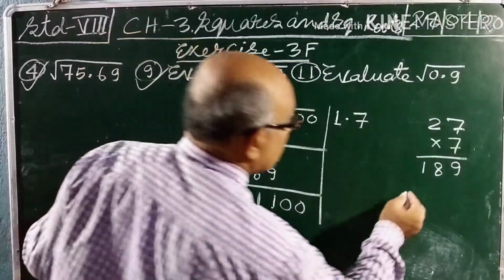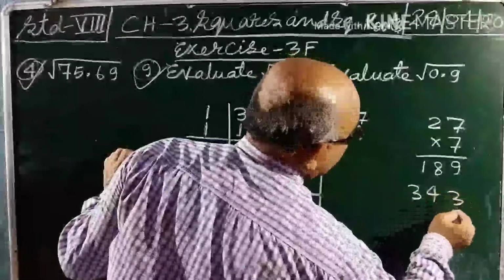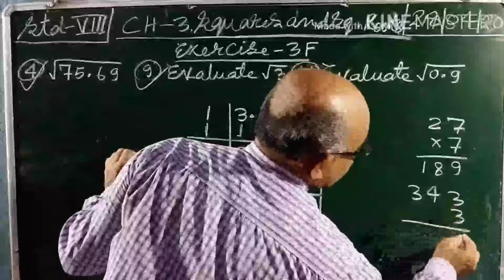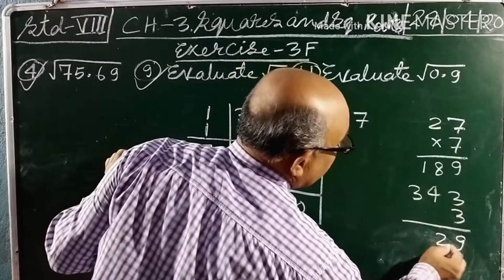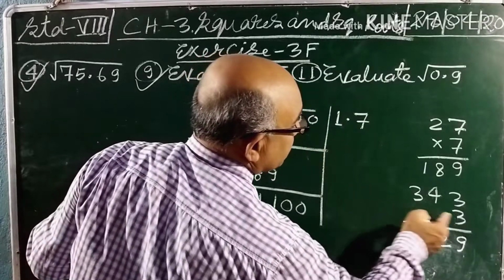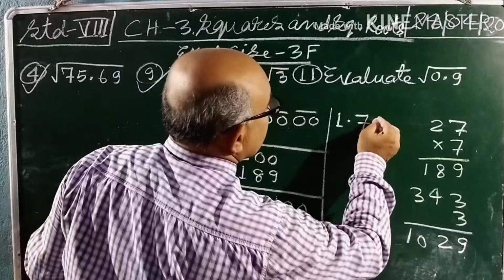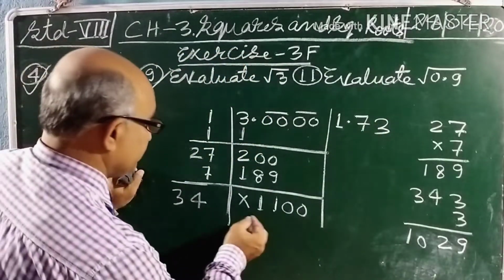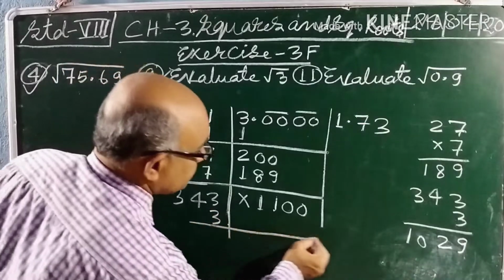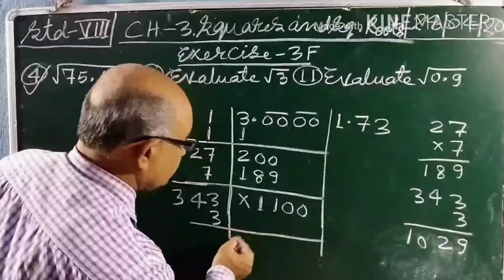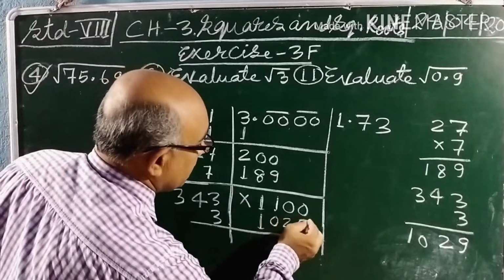Now 34. So check it 3 times. 3 3 are 9, 4 3 are 12, carry 1, 3 3 are 9, 10. So 3 times, 1029.